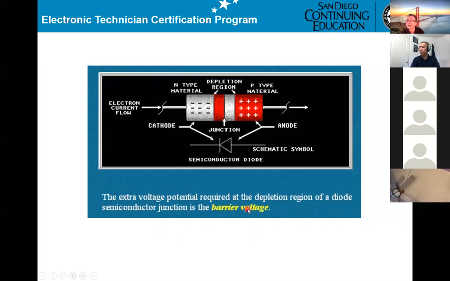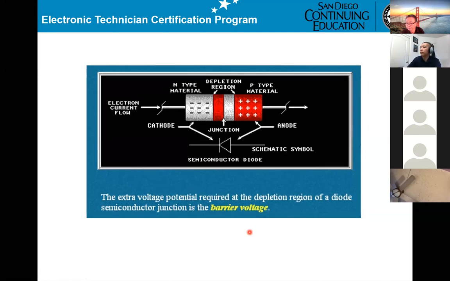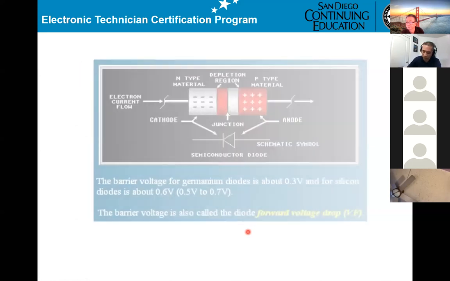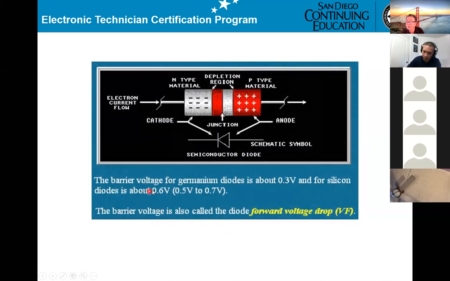Okay, that's a barrier voltage. Like, you know, silicon 0.7 volt, germanium will be 0.3 volt. The barrier voltage for germanium diode is 0.3 and silicon 0.5 up to 0.7.